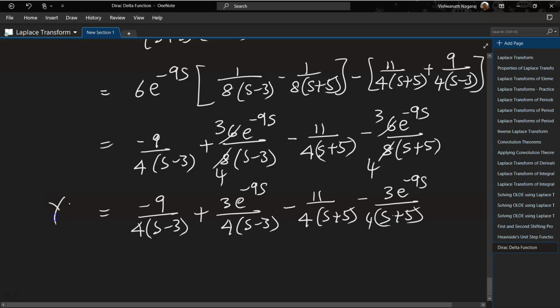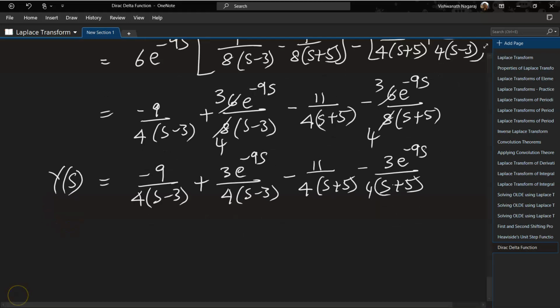Now remember, this is capital Y of s. Now let's take the inverse Laplace.